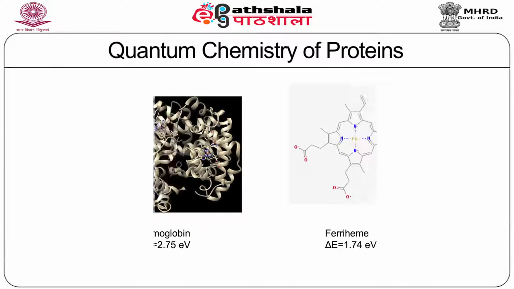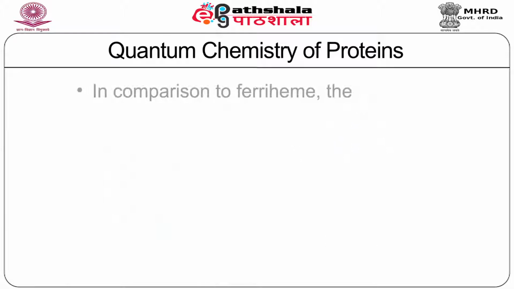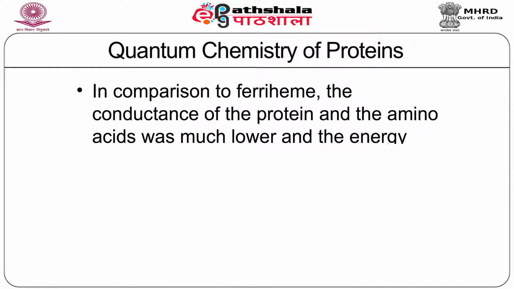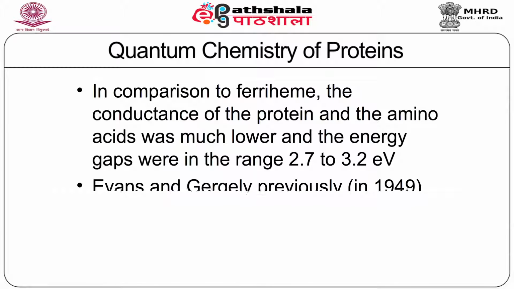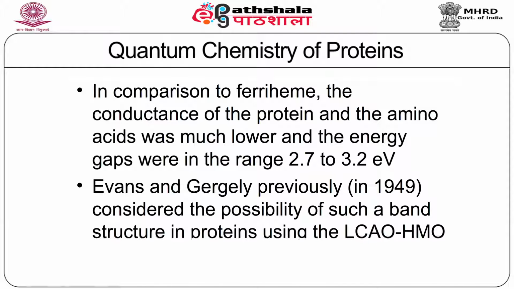He found that for hemoglobin, as depicted in the picture, the energy gap is equal to 2.75 electron volt, whereas for ferriheme, the energy gap is only 1.74 electron volt. So in comparison to ferriheme, the conductance of the protein and the amino acids was much lower, and the energy gaps were in the range of 2.7 to 3.2 electron volt.